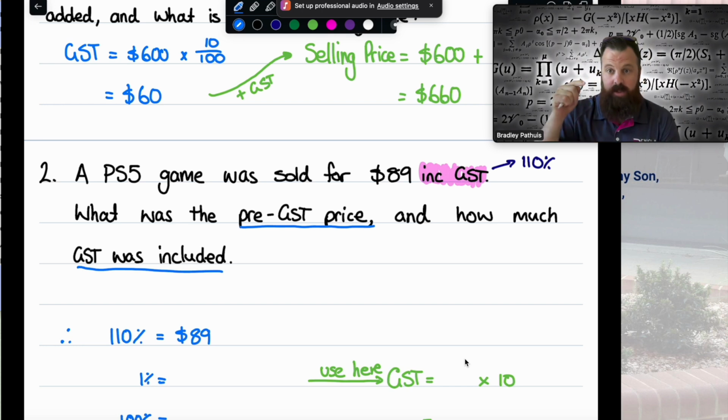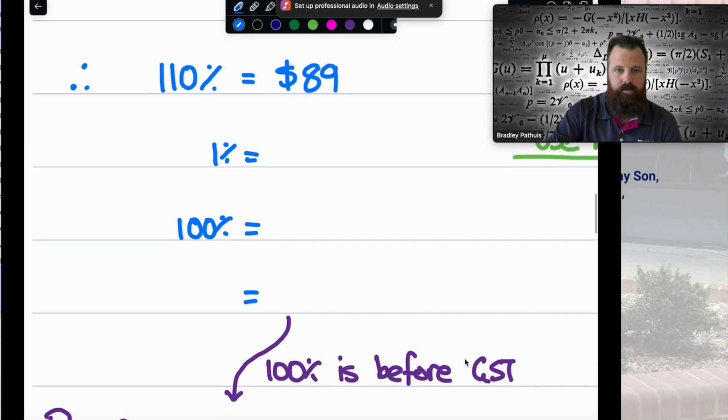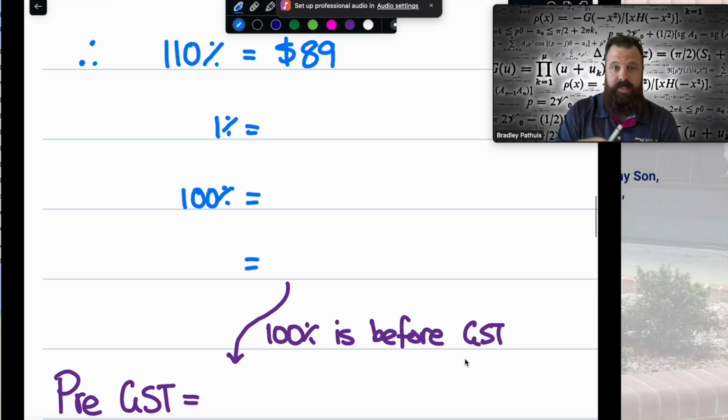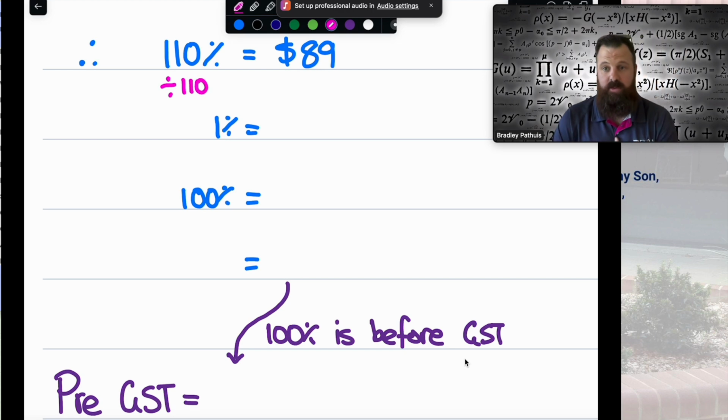Including GST was 110%. So if we zoom in here, we know 110% is $89. So we're going to use our unitary method. Remember, it's the mathematician's favorite number. I need to do 110 divided by 110 to get to 1%. Whatever I do to the left, I need to do to the right.